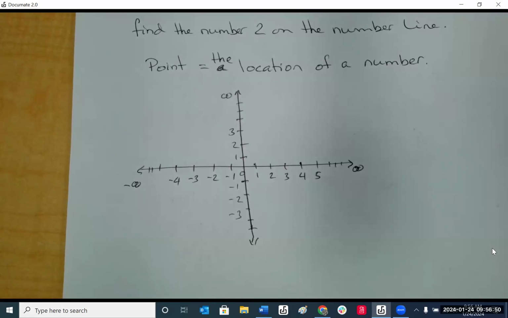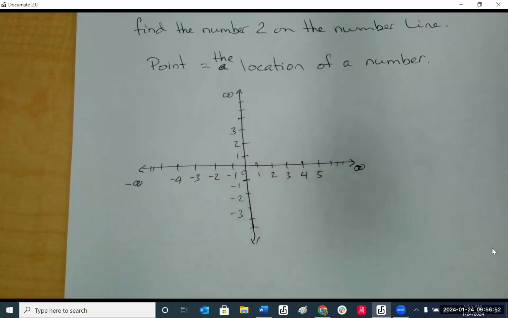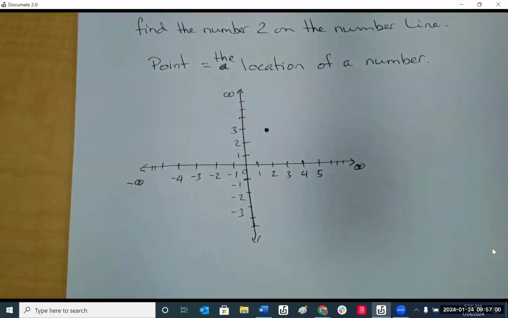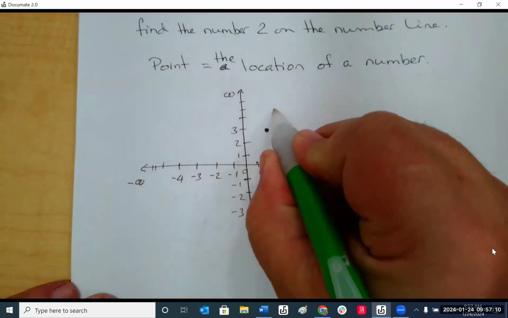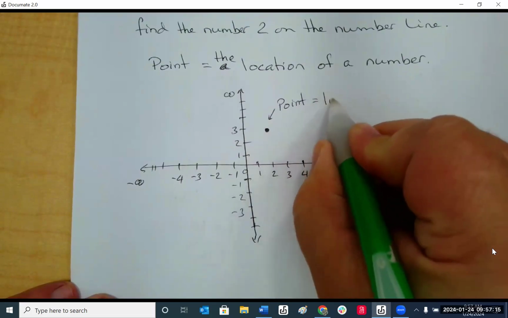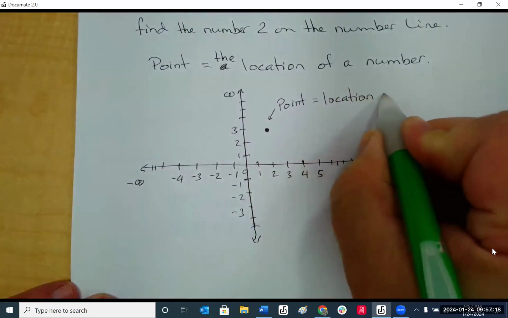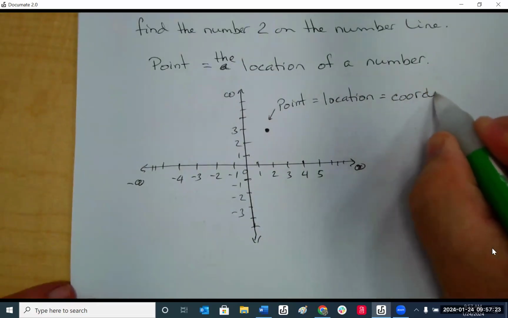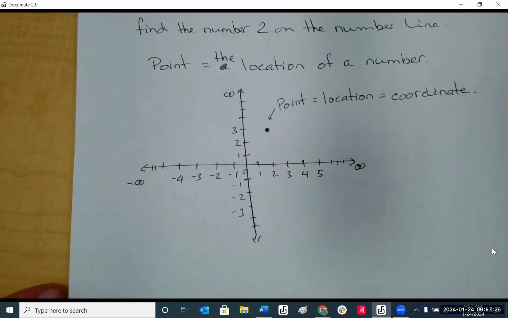So we have to label these things because we're used to putting points on the horizontal line, on the number line. But now we have other locations. If we put a point there, it had to have a location. So that point, its location is called the coordinate.